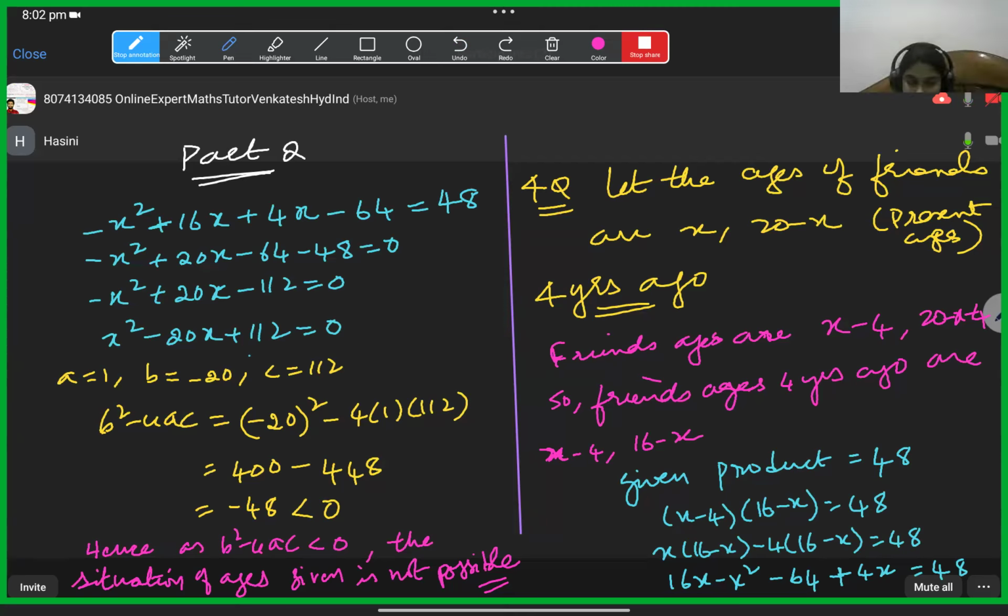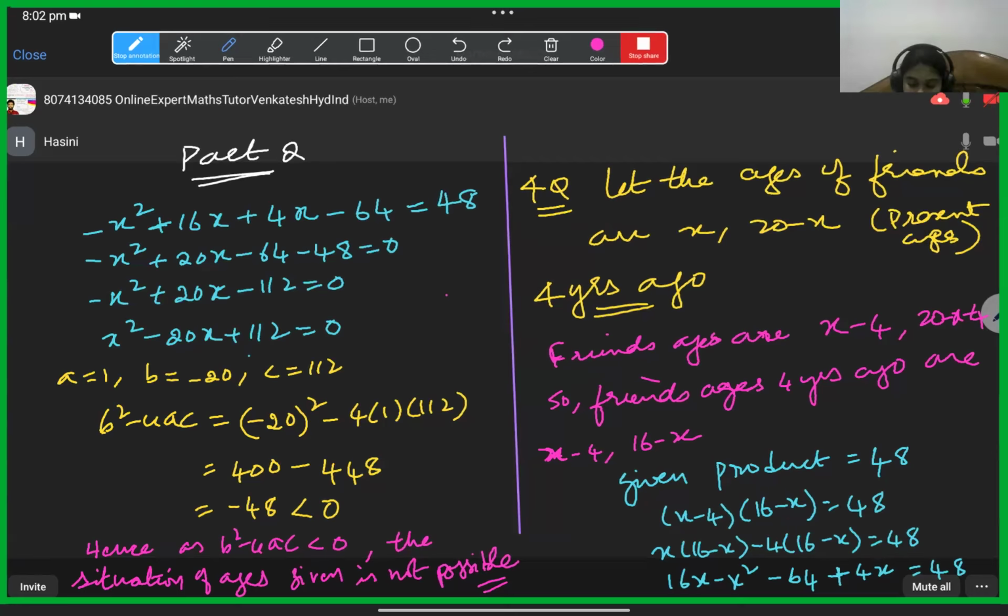As per this situation, two present ages are not possible, so that the sum is 20 and the product 4 years ago is 48. That is the meaning.